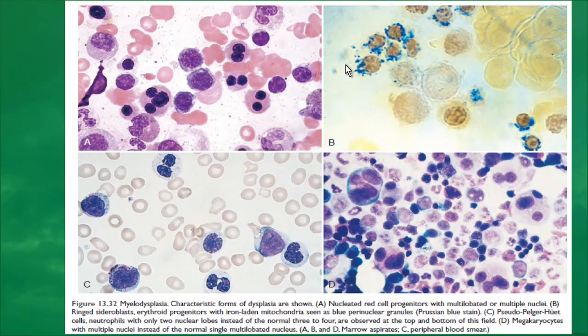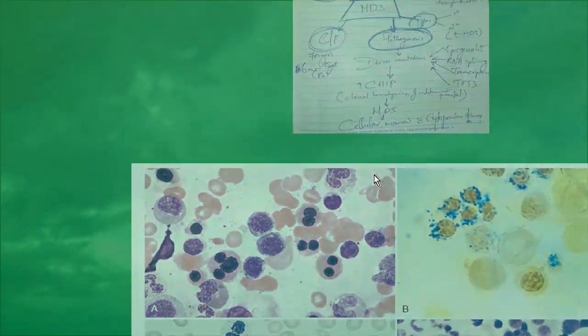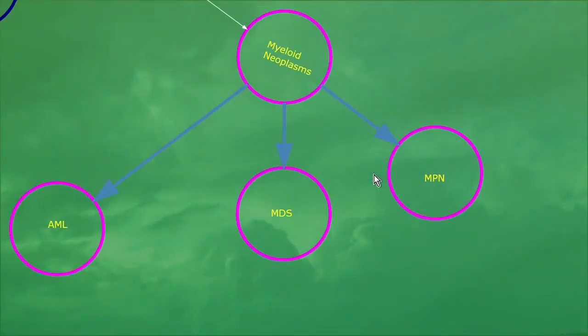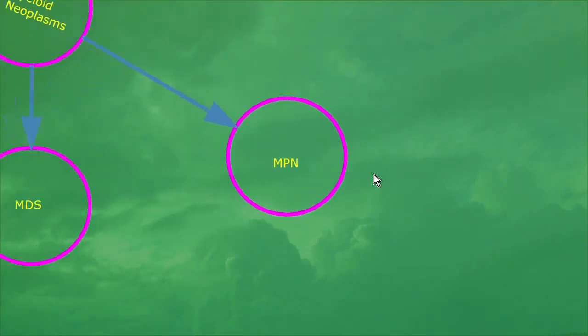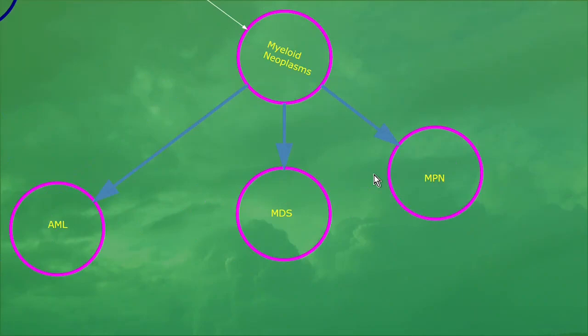These are ring sideroblasts. Here you can see megakaryocytes with multiple nuclei instead of a multi-lobulated nucleus, pond ball megakaryocytes. Okay, that was MDS.